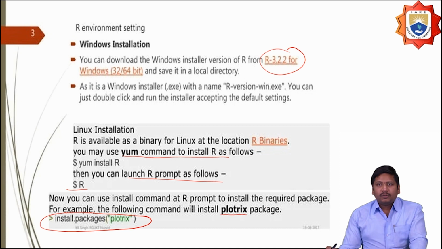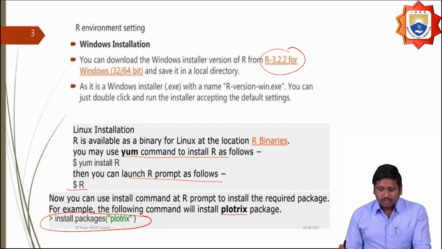So for Windows installation, you make use of R 3.2, the version available for 32-bit as well as 64-bit, and the .exe file is going to run the software. For the Linux installations, we have R binaries.